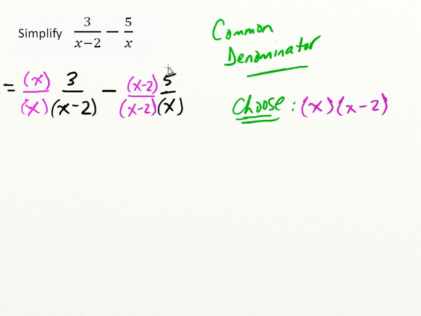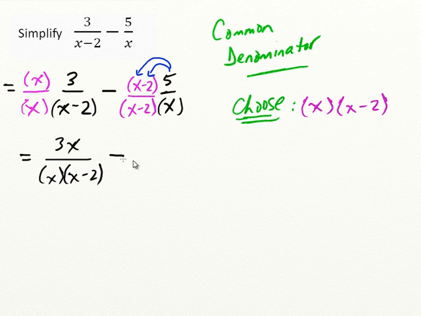Now, careful here. We've got 5 times x, and 5 times negative 2. So, up top here, we've got 3 times x, 3x. Down on the bottom, we have x times x minus 2, which is our new denominator.